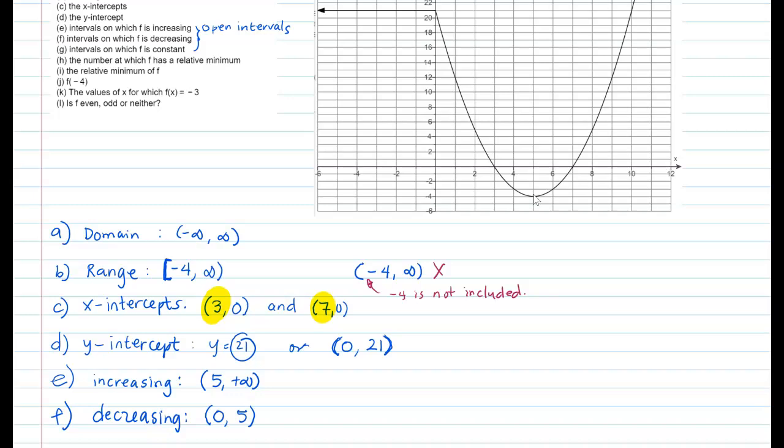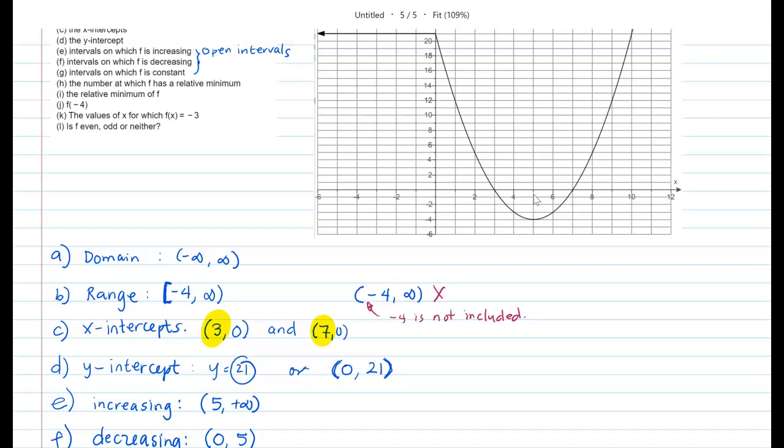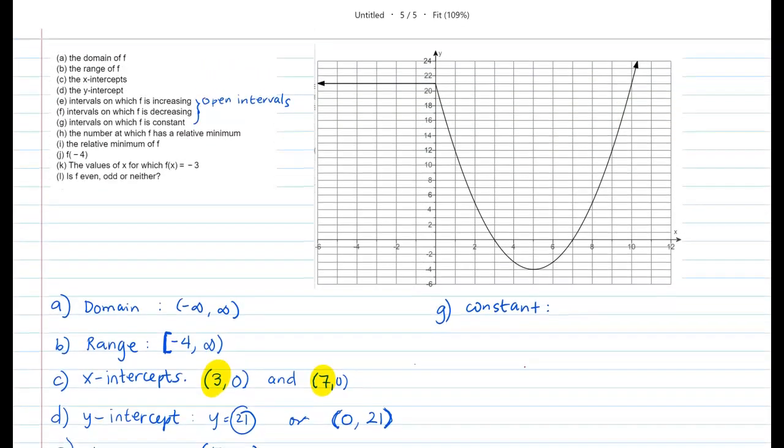And then next, constant. You look at the interval for which the function is constant. Again, open interval. Constant meaning it does not go up or down.